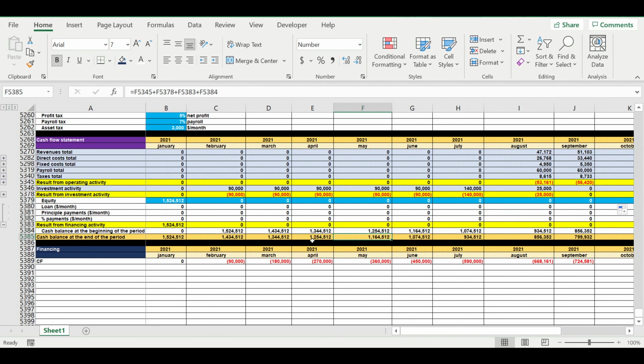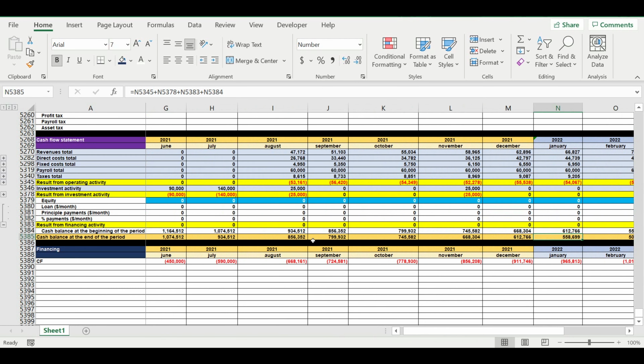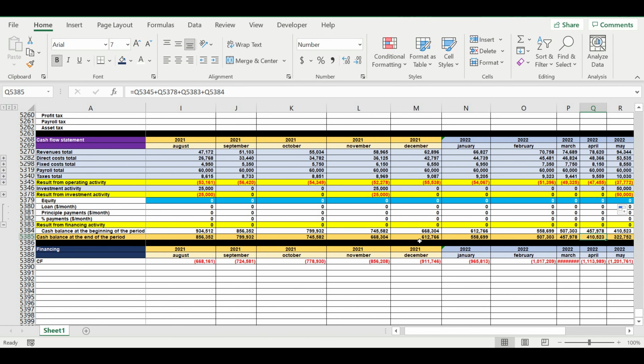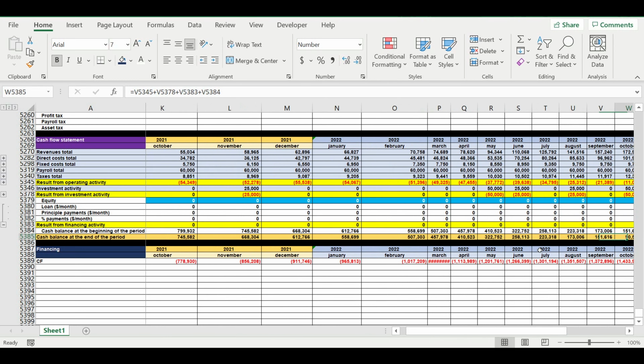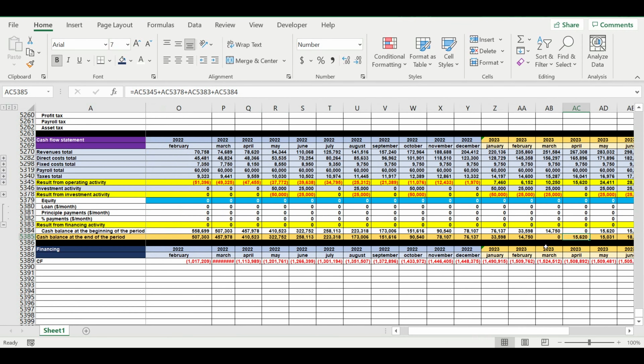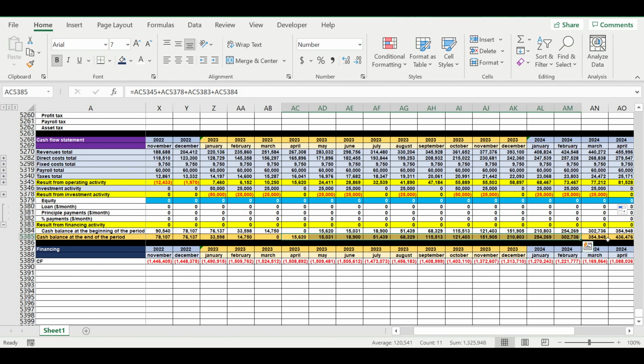And now we go through the timeline and see how this amount of financing is getting less and less. This is the moment when we have 0, and then our project starts generating its own cash flow. This is the mathematical moment in March 2023 when we don't need to invest our own money in our business idea.